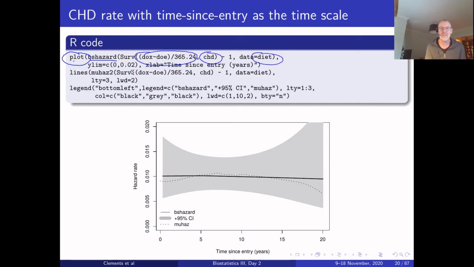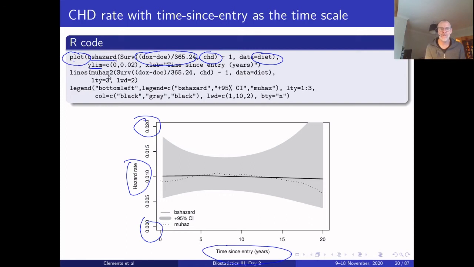For the data, we change the y-axis limits and the labels. The default is to include the confidence intervals for the bshazard when we do this plot.